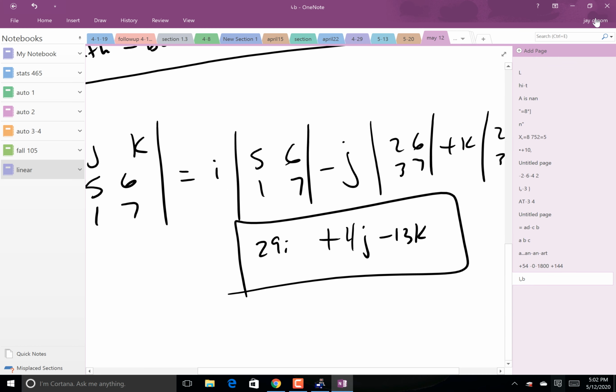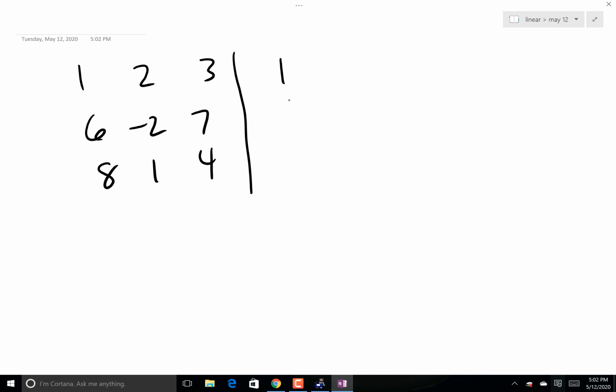All right. Another way to do a 3 by 3 is to recopy the first 2 columns. And this only works for a 3 by 3. Okay. So it's why I never liked it, because like, oh, great, it works for one thing. But it's pretty slick.